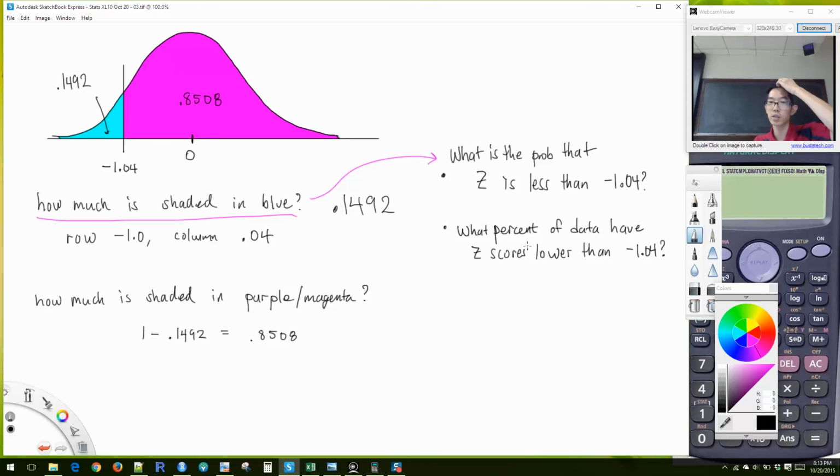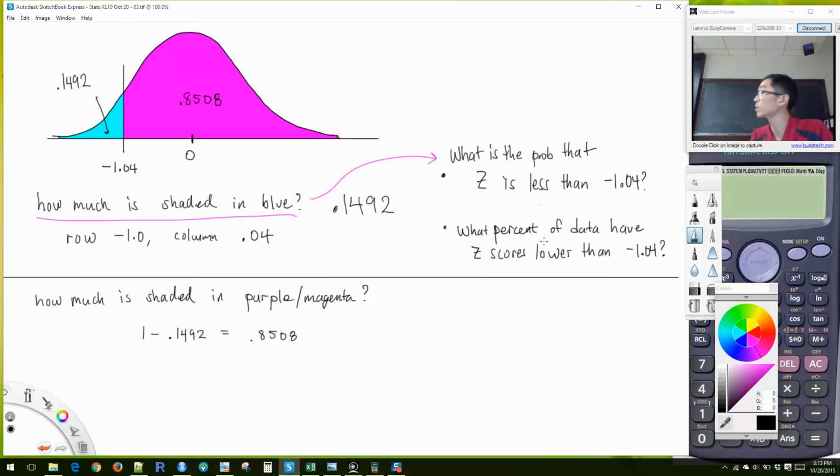Okay, so these questions are asking the same thing over here, okay? Because here we just drew a line at negative 1.04 and we asked how much is shaded in blue, okay? Which is the area to the left. Okay, are these okay? We can do the same thing for the other questions.